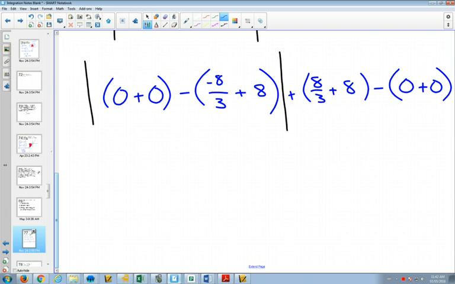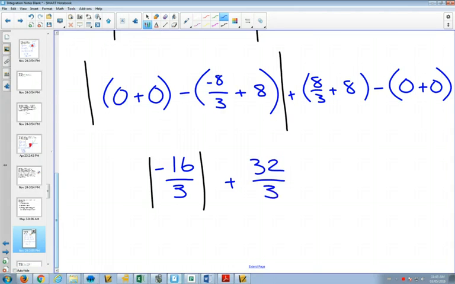So just putting things together, if 8 is 24 over 3, this is going to be 16 over 3 with the negative. But that's still in my absolute value bars on the left. So it is right that we figured out that that section was negative. I'll simplify it first there. And then on the other side, we're going to have 8 over 3 plus 24 over 3, which will be 32 over 3.